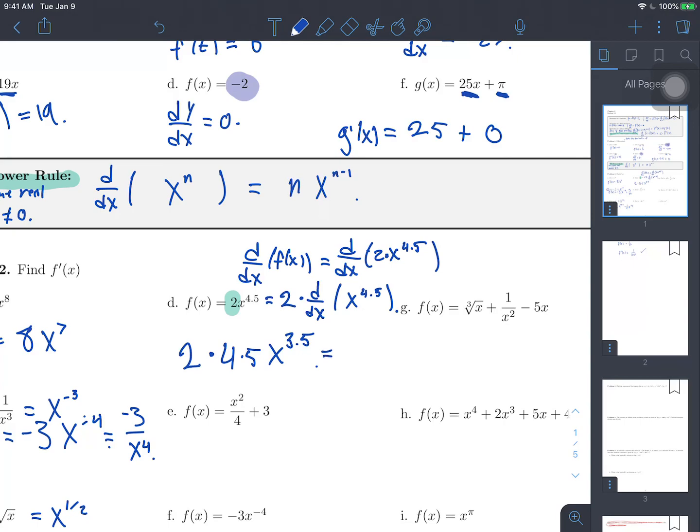So this is equal to 9x to the 3.5. Okay, so constants are not really an issue. We can just let them float along. My only real job for this problem was to do the derivative of x to the 4.5 and then multiply it by 2.